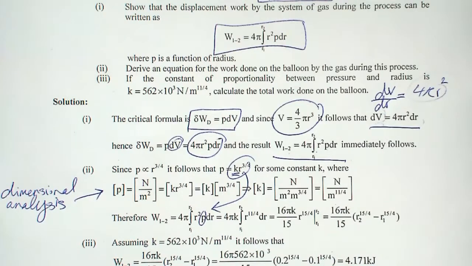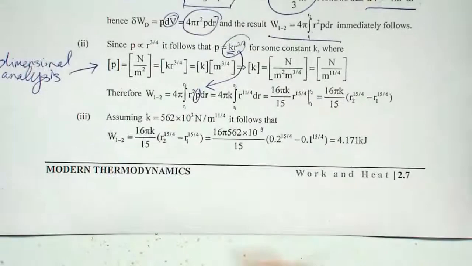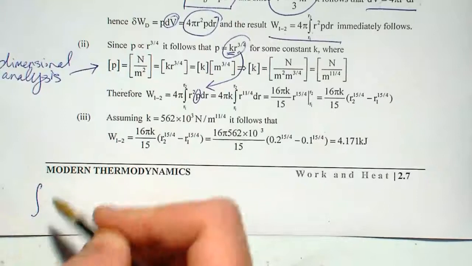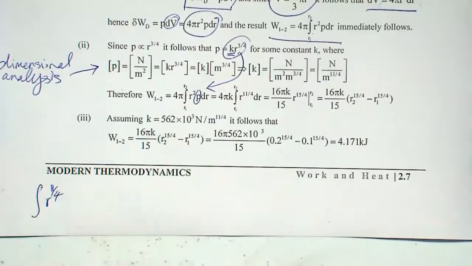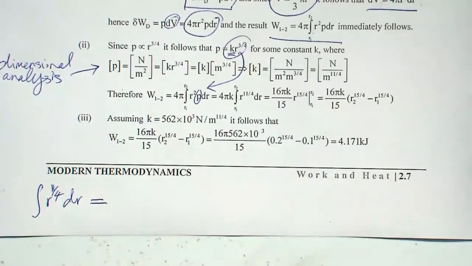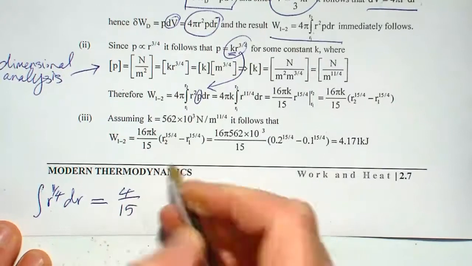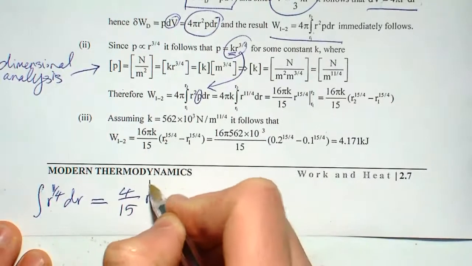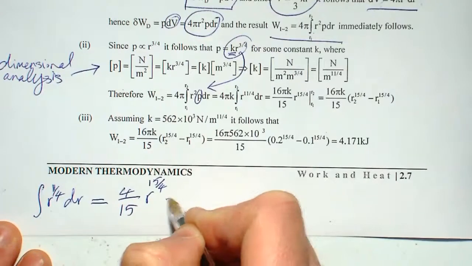If you are struggling to understand how you end up from here to here, I'm just going to do a small side note. I know most of you would know this, but in a simple case, let's say we've got R to the power of 11 over 4, dR, and that would be 4 over 15 R to the power of 15 over 4 plus a constant.